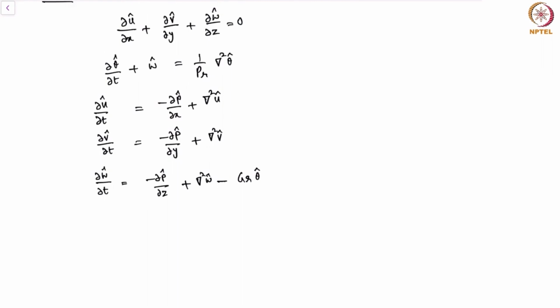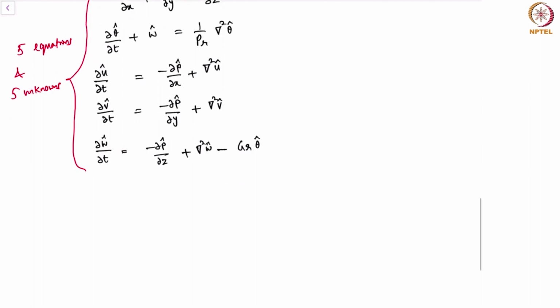So now what we have is a combination of 5 equations and 5 unknowns. We can now simplify some of these equations.